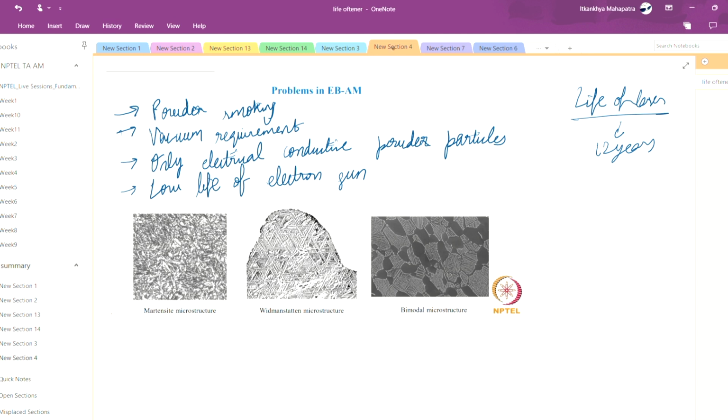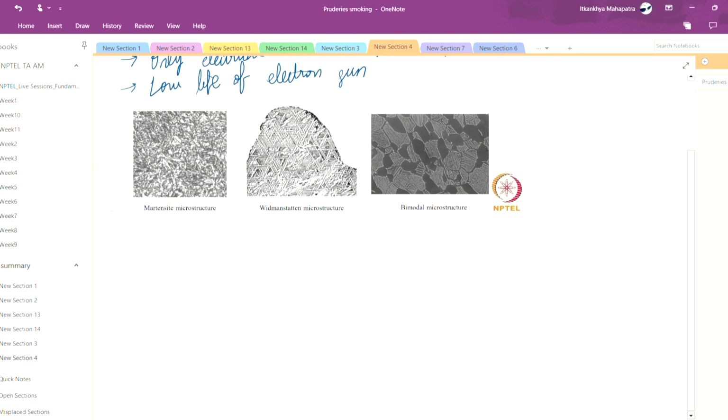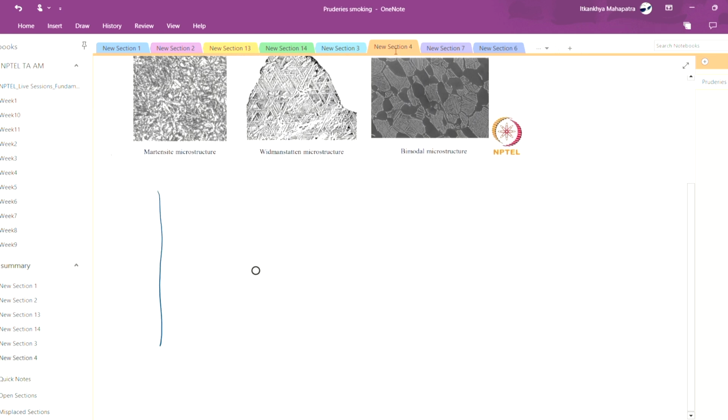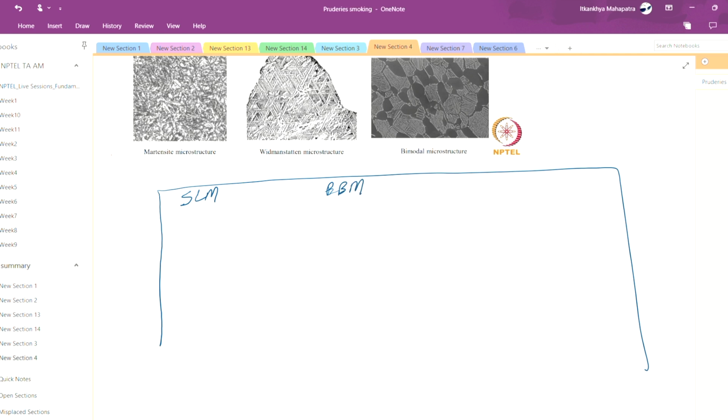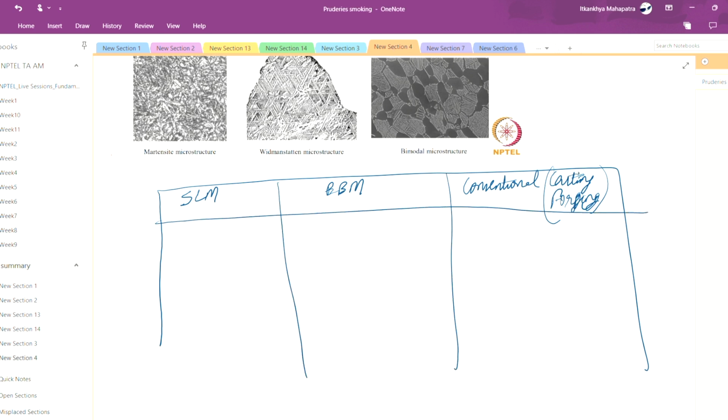So if we compare 3D printing processes, SLM selective laser melting, EBM, and conventional manufacturing processes, casting, forging, the best mechanical properties we get with SLM.